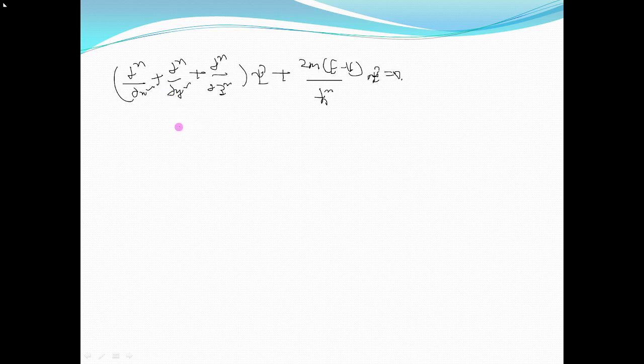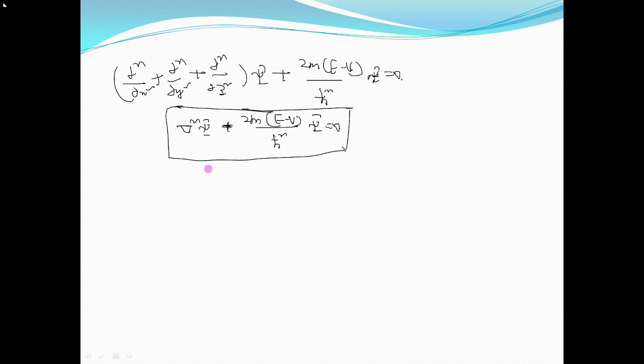So this I can write as del square psi plus 2m(E − V)/ħ² psi is equal to 0. So this is the Schrodinger wave equation in 3 dimensions, the 3-dimensional Schrodinger time independent wave equation.